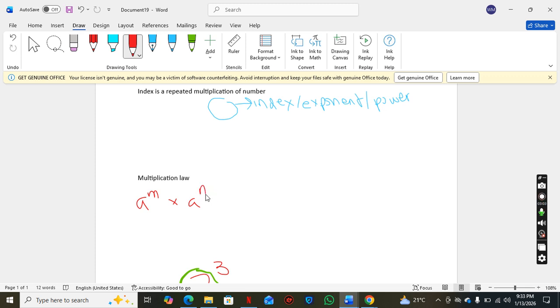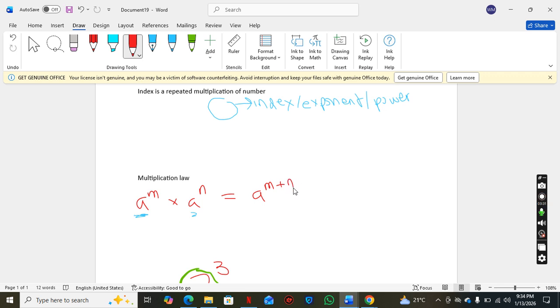What the multiplication law says is, if the bases are the same, and with the majority of these laws you have to make sure the bases are the same, as you can see the base a here and the base a here are the same, then you just need to add the indices, which is the same as a to the power m plus n.